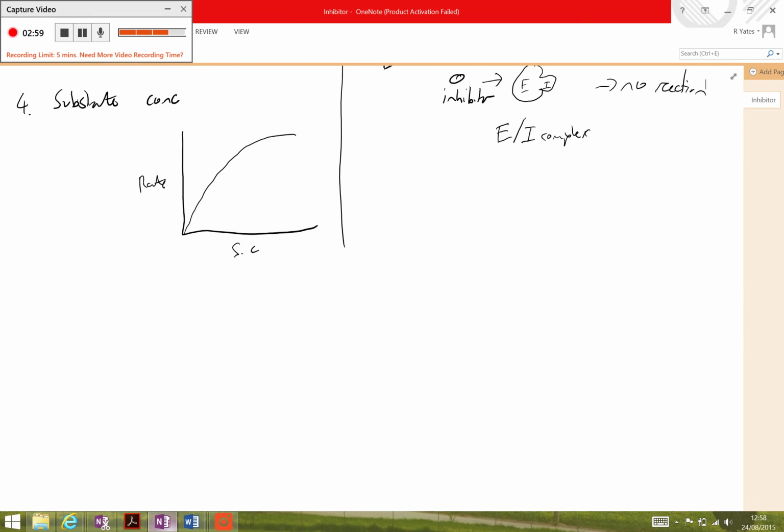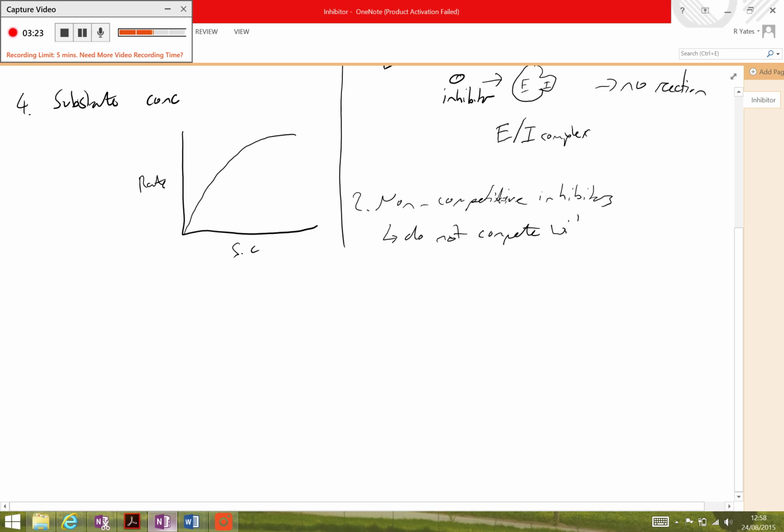So the next one, if we've got competitive inhibition, we have non-competitive inhibitors. Non-competitive inhibitors are quite different in structure to the substrate molecule, and they will not fit the active site, so they do not compete with the active site.